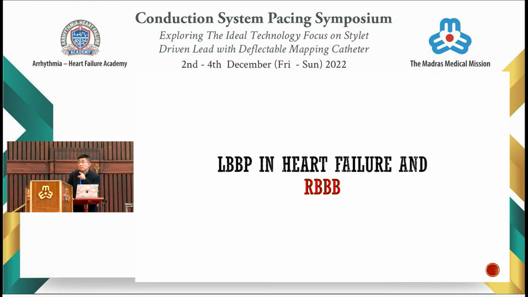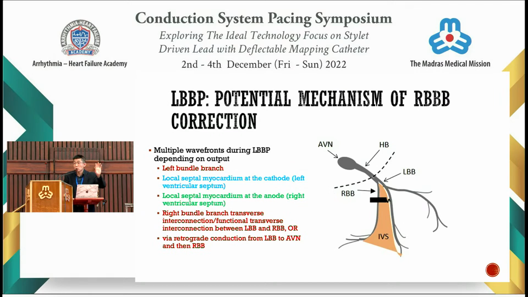Left bundle branch pacing, surprise, surprise, and I showed you an example yesterday of how you can influence your right bundle, it can also correct your right bundle branch block. Now, I showed you this slide yesterday, and how it corrects is via multiple waveforms. You can have the left bundle branch activation because you entrain, you capture the left bundle, and you end up with a transseptal activation, very much like baseline right bundle branch block.